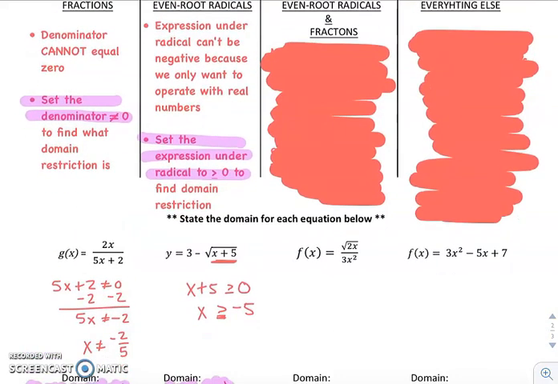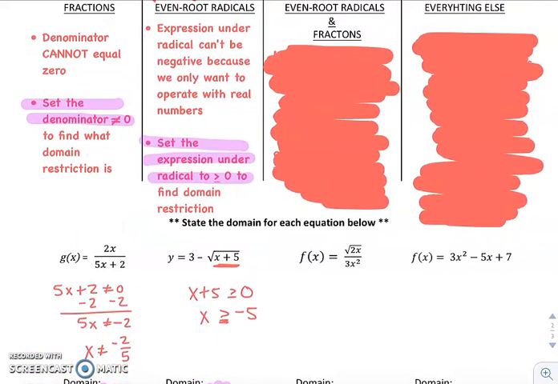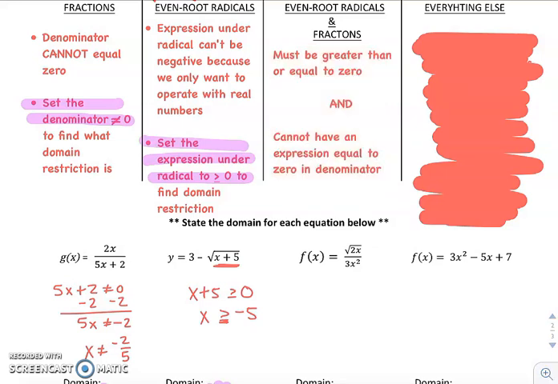Okay, so we've talked about fractions and even root radicals. So what happens if you have them in the same problem? You have to pay attention to both of them. So in this case, your x value has to be greater than or equal to 0, because there's an even root in the problem, but then it also can't have the expression in the denominator equal to 0.